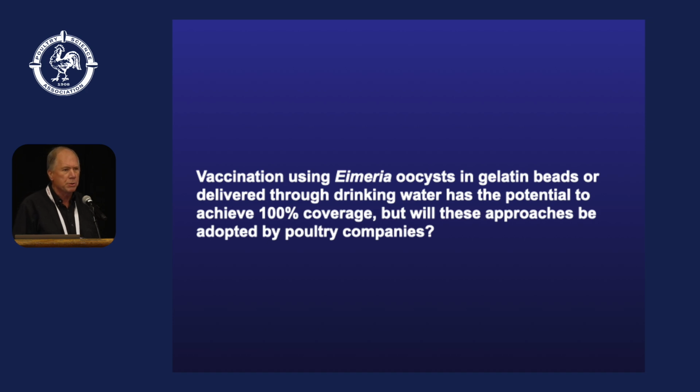But the big question is, will poultry companies adopt this technology? It's only if we can show that we can protect against necrotic enteritis and we can improve performance, either through better feed conversion efficiencies or weight gain. Because if they're faced with paying another salary and having a vaccinator go to all these farms, that's an expense that they would rather not incur. And I'll take any questions.